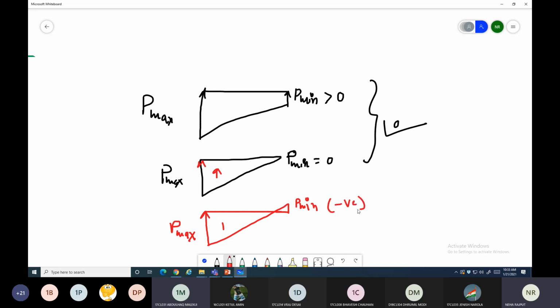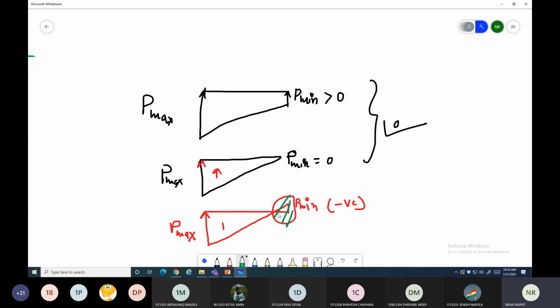Right. Now due to this negative value, what will happen? Up to this portion, your wall may have the chances to have tension forces, and due to the tension forces your wall may fail in this region.